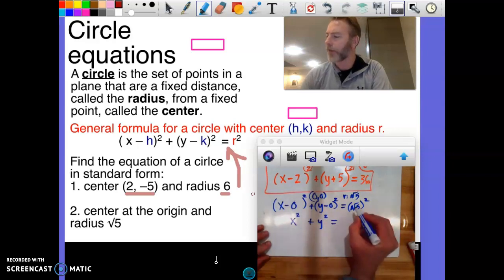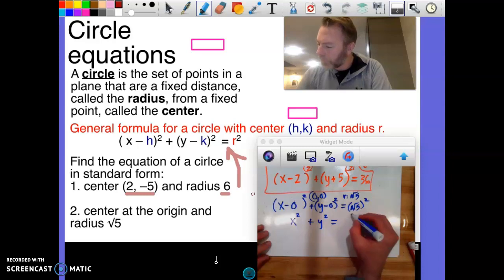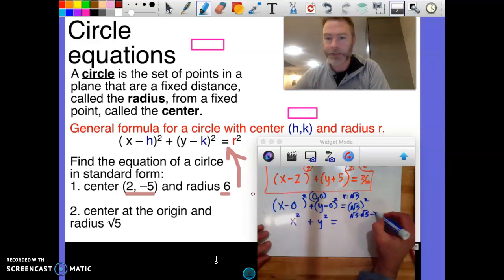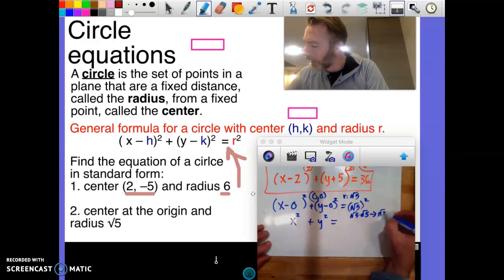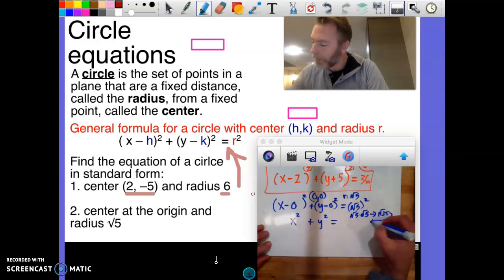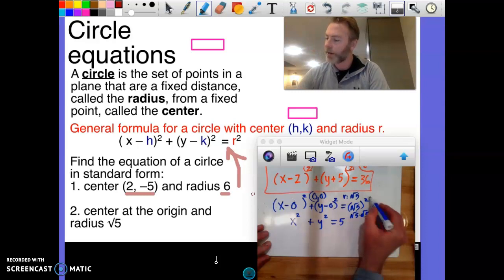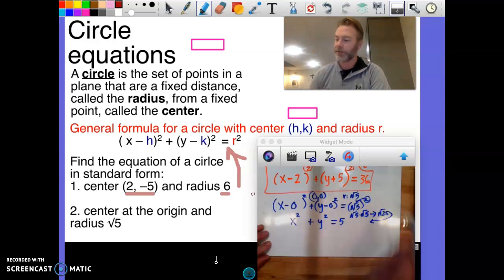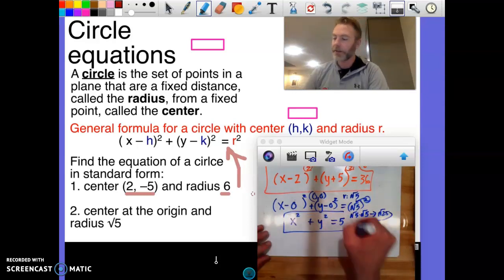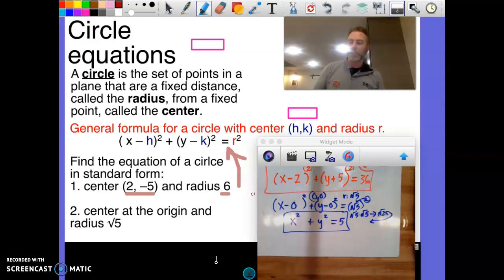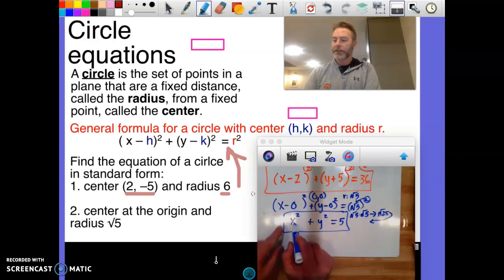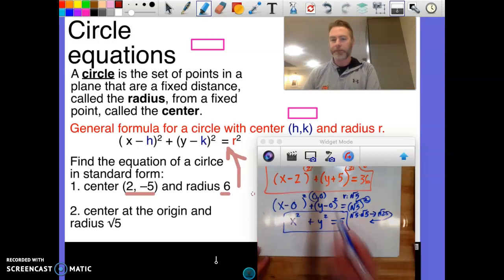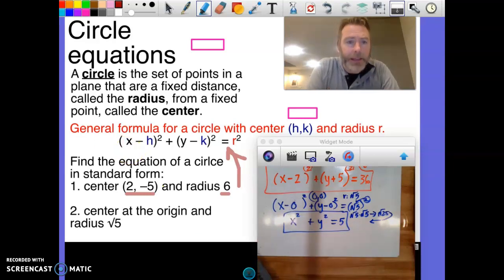The square root of 5 squared is root 5 times root 5, which is root 25, which is 5. This square and this square root cancel each other out. The equation looks slightly different. If it's centered at the origin, you're not going to see parentheses because there's no need for us to subtract 0 here.